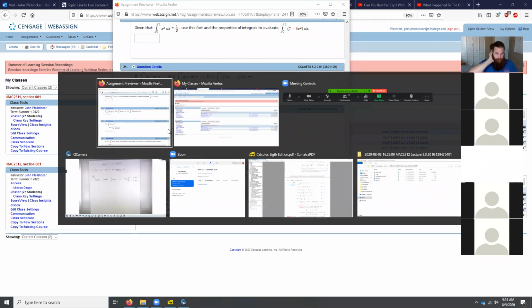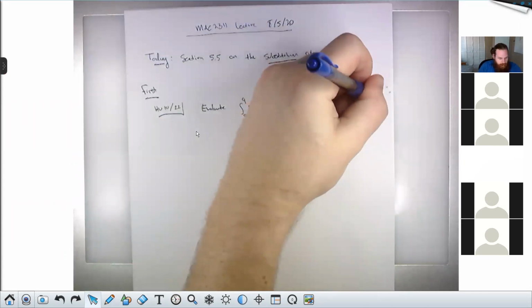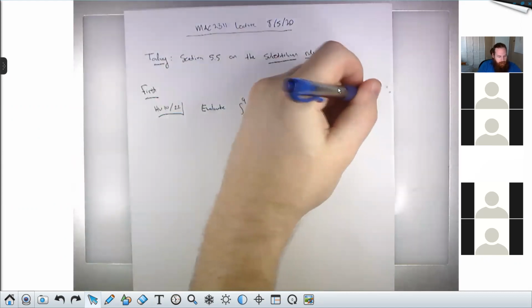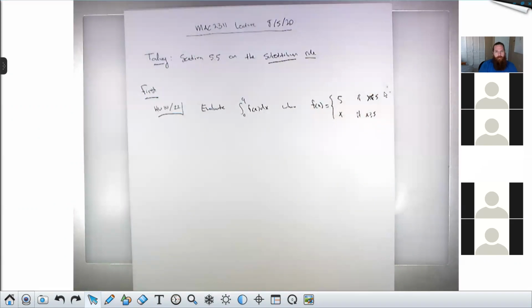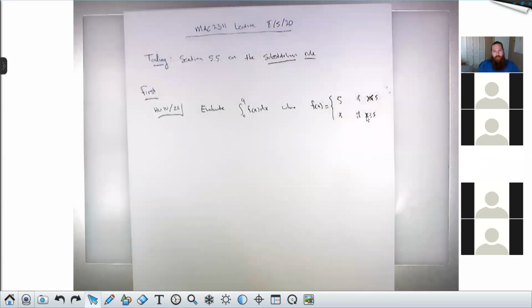All right, so for 22, we should graph the piecewise function. So you've got this piecewise function over here. That's the guy that we're integrating. If x is less than 5, and I'm sorry that the pen kind of ran there, this thing is the constant function 5. If x is bigger than 5, this is the linear function x.